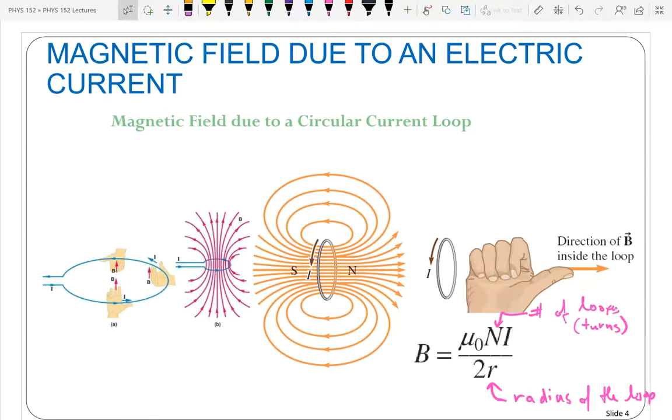And remember when we learned about capacitors, we could put in different materials with a different dielectric constant. And so in those materials, epsilon equaled kappa epsilon 0, where epsilon 0 was the permittivity of free space.